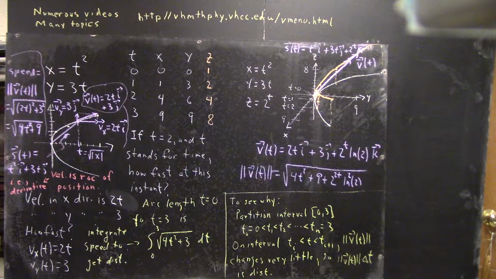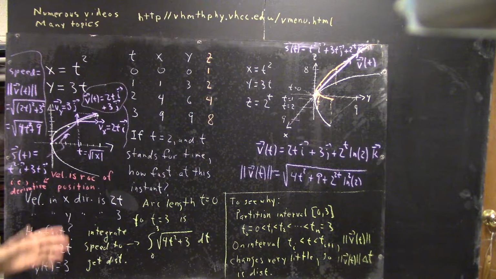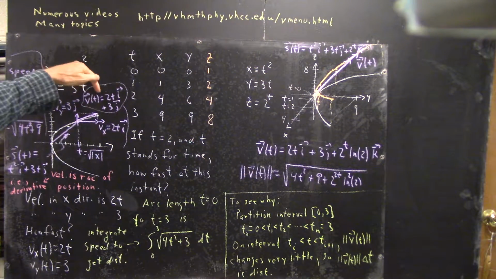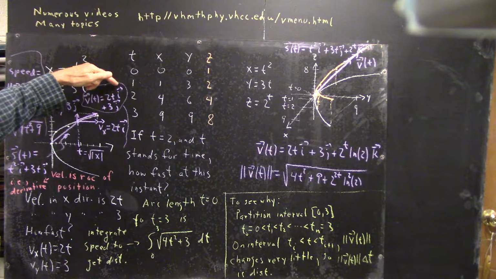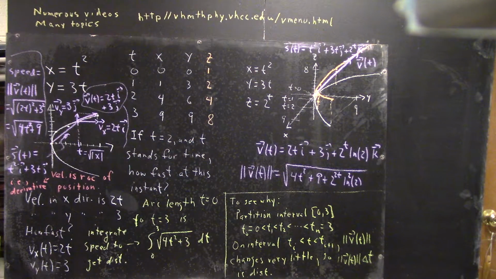Now, if we want to find that result for t equals 2, we just plug in 2 and we get the result. If t equals 2, then 2ti plus 3j is just 4i plus 3j. And that would be the velocity at that instant.